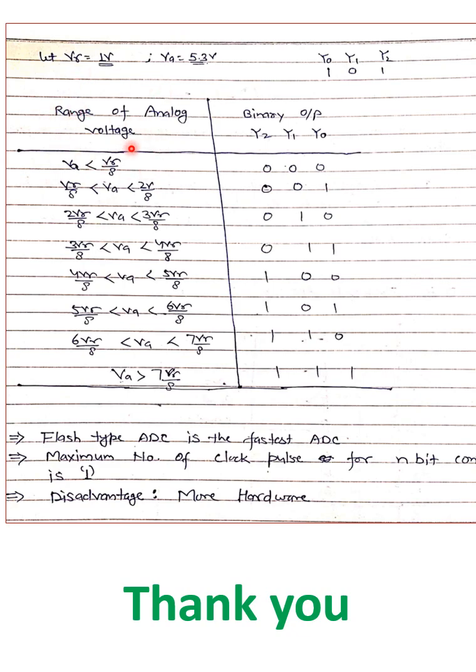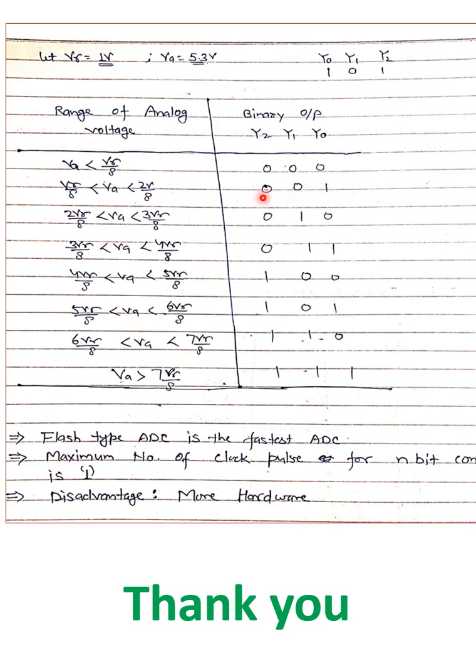So you can see if the applied analog voltage is less than VR by 8, then all the comparator outputs are 0 and the binary output is given by 0 0 0.